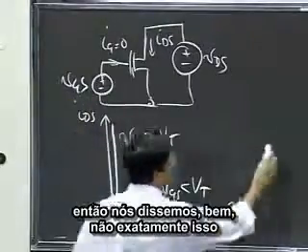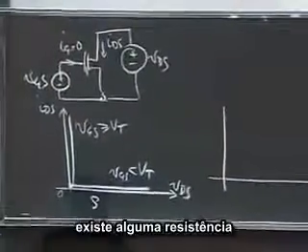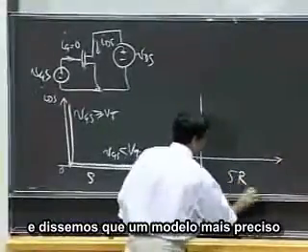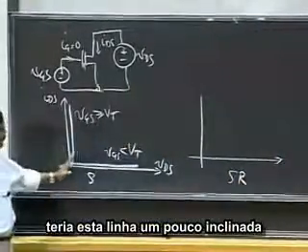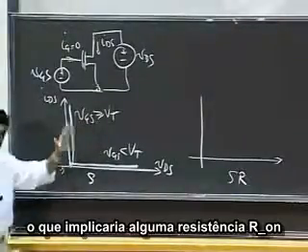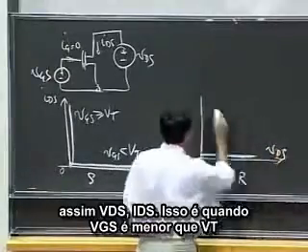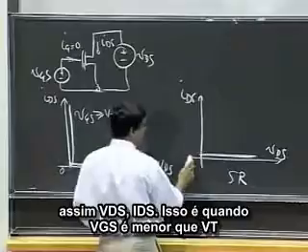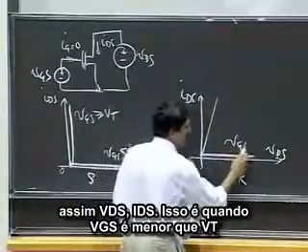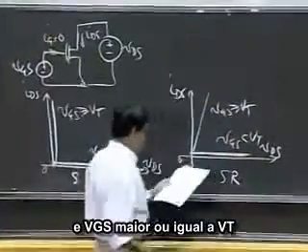But then we said, well, that's not quite it. There is some resistance, and so we said a slightly more accurate model would have this line droop a little bit to imply that there was some resistance R on between the drain and the source. So VDS, IDS, and this was when VGS less than VT and VGS greater than or equal to VT.